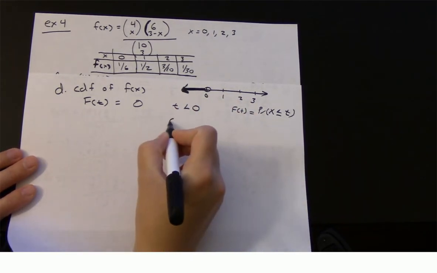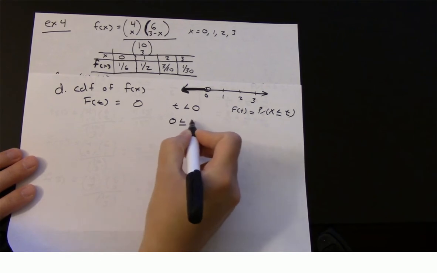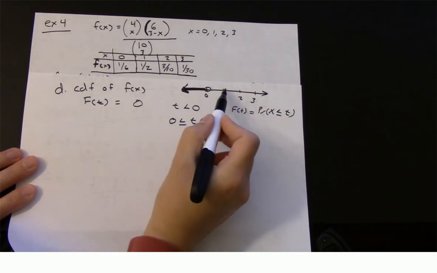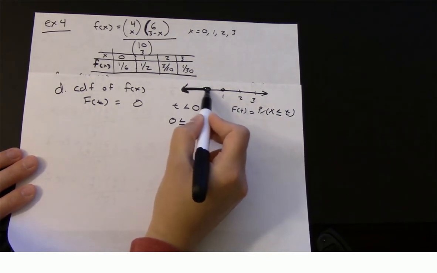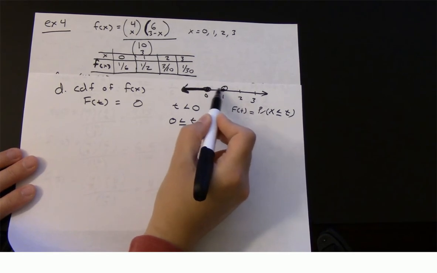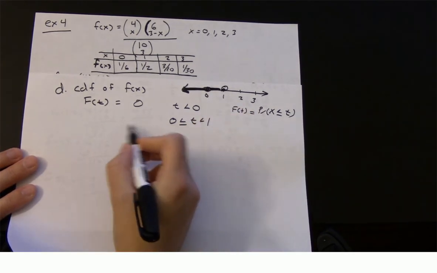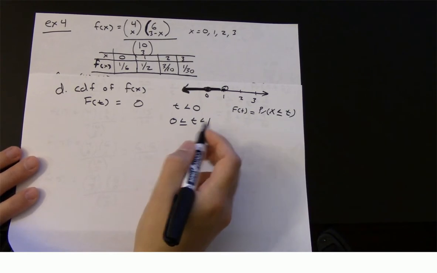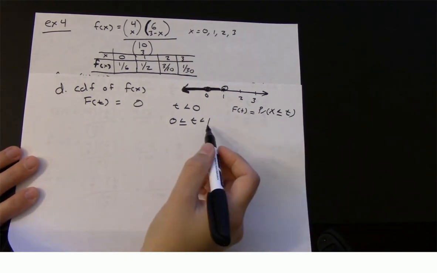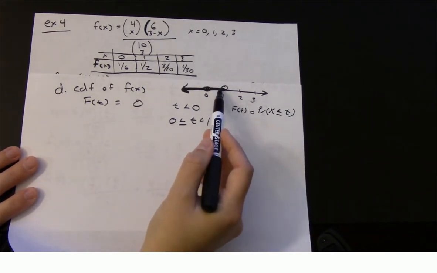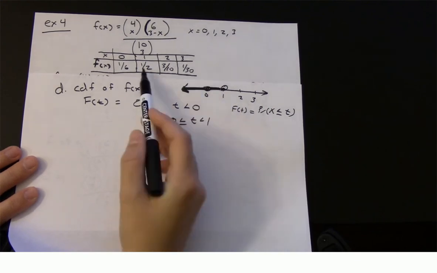Okay, so then next I'll go from 0, include 0 this time, all the way up into 1. So include 0, now go up to 1, leave 1 open. Okay, now what is the probability of being less than or equal to numbers that are strictly less than 1?